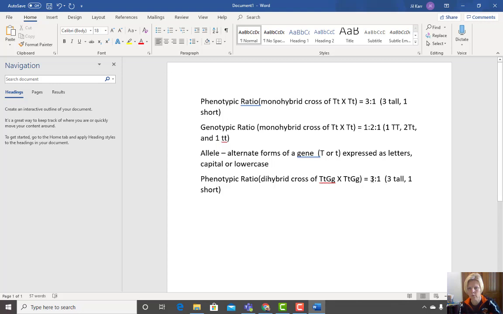So looking at combinations again, we're going to have 9 tall green. We're going to have 3 tall yellow. We're going to have 3 short green and 1 short yellow. And it's again the phenotypic ratio of a dihybrid cross.